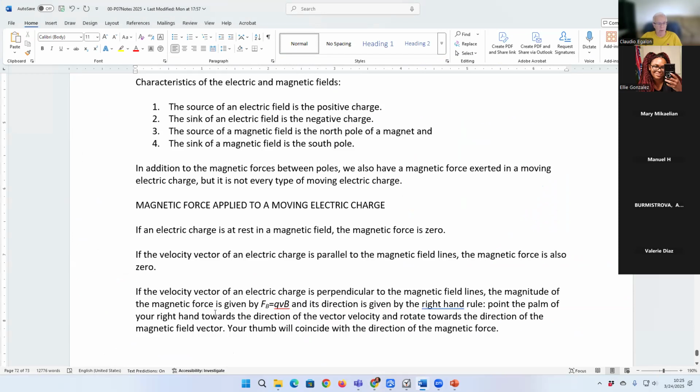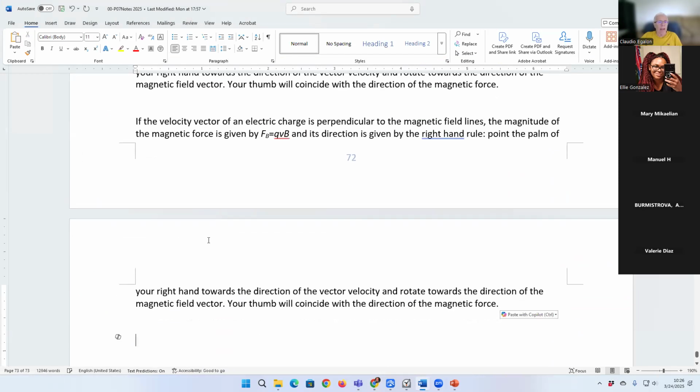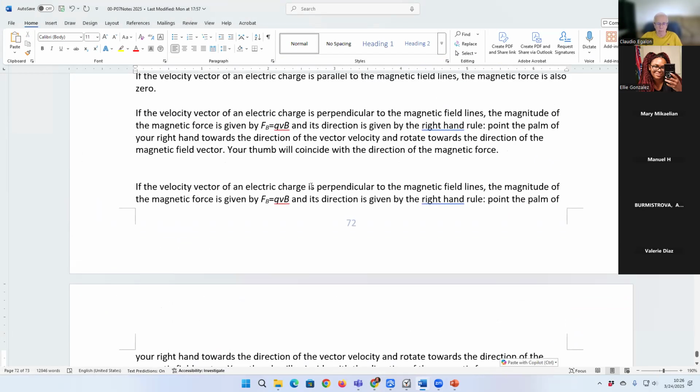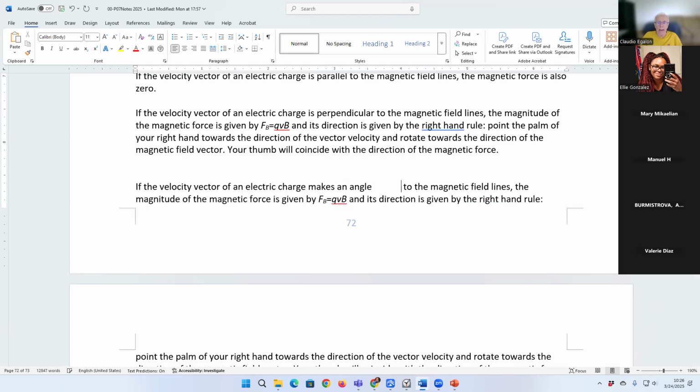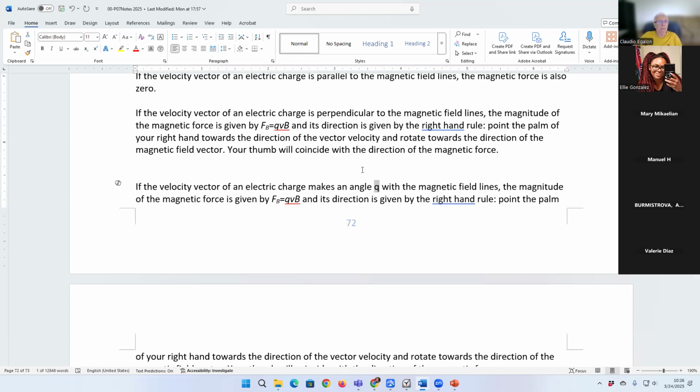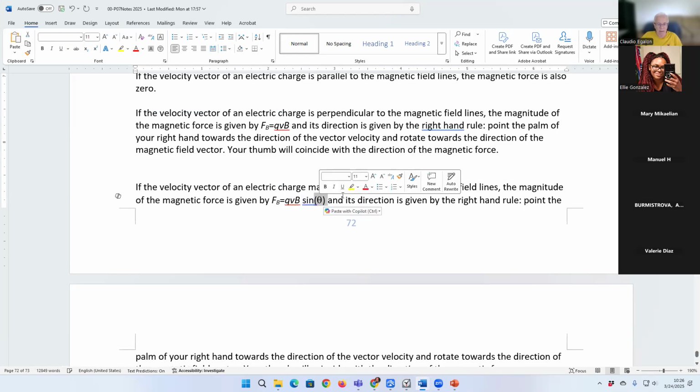Now, if the velocity vector of the electric charge makes an angle theta with the magnetic field, the magnitude of the magnetic force is given by all of that that you saw there, multiplied by sine of theta, right?